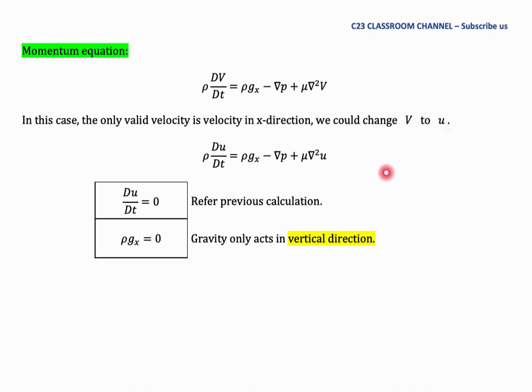So we change everything here with u, and then we make an assumption to simplify our equation. We could say that du dt is equal to 0 because it is steady flow. You may refer to our previous discussion in this video. We also have rho gx equal to 0 because the gravity only acts in the vertical direction, not in the x direction.